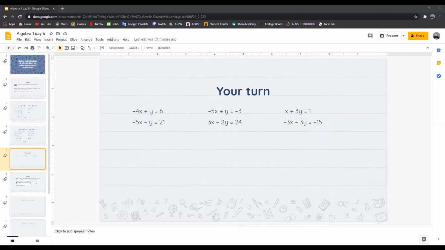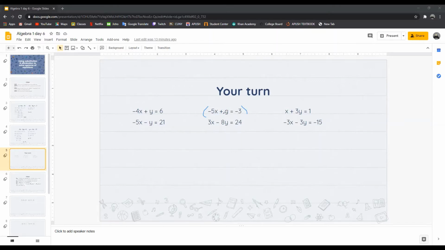Okay, so for number two, as you can see, no y value or x value is alone. So you would turn one of them. The first one doesn't have a number in front of it, it's more like an invisible one.